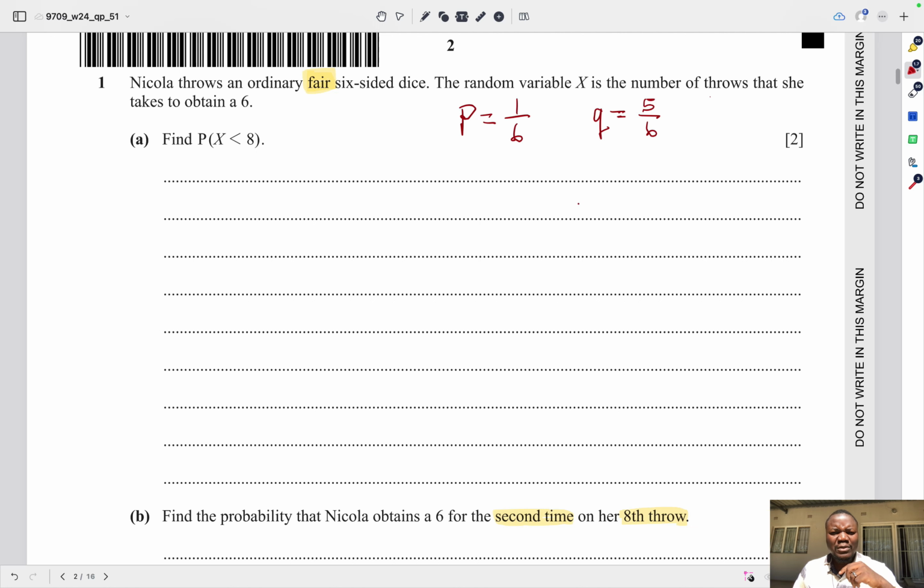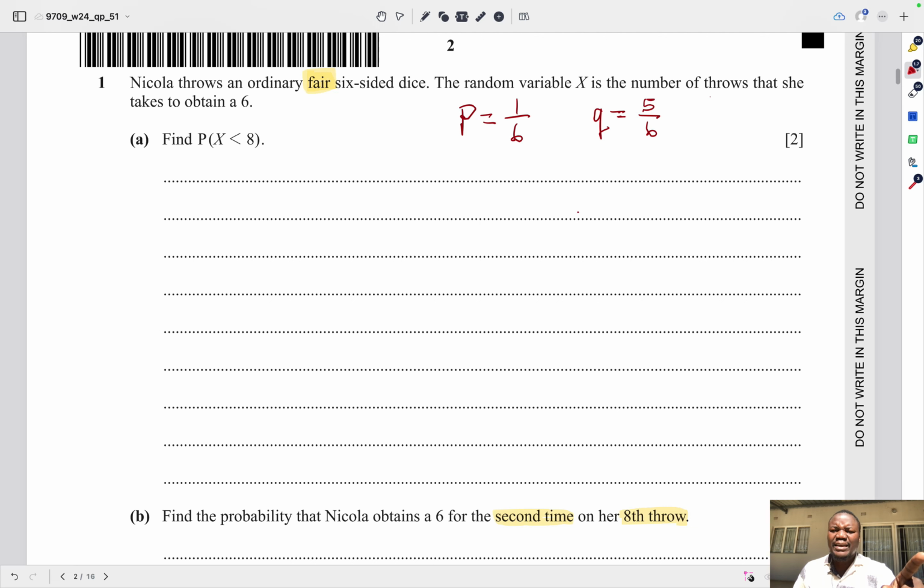Now the biggest question that comes in is, is this a binomial or a geometric distribution? I'm going to give you a simple explanation. In our notes, we said binomial distribution is where you've got a fixed number of attempts and you are looking at how many times you are successful in that fixed number of attempts. For a geometric distribution, it looks at when you attain success, and the number of attempts is not fixed.